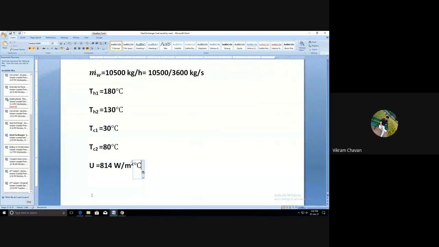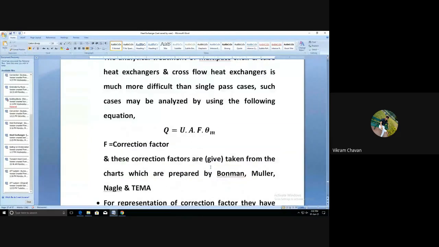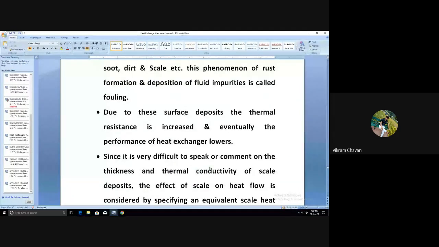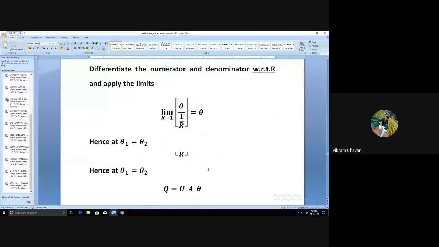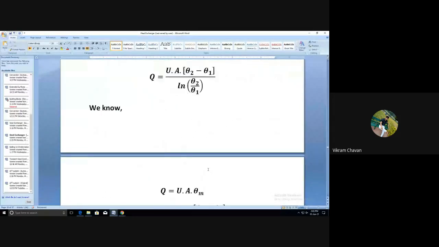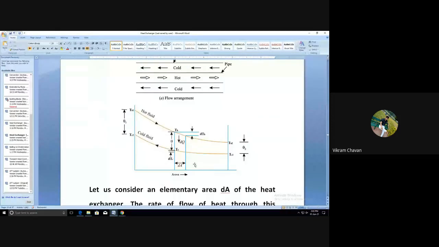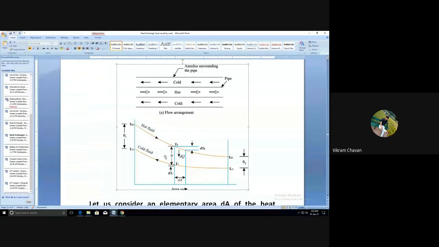Okay. So first of all, if you are considering the counter flow heat exchanger, I will take the diagram of the counter flow heat exchanger. Okay, so this is the diagram.